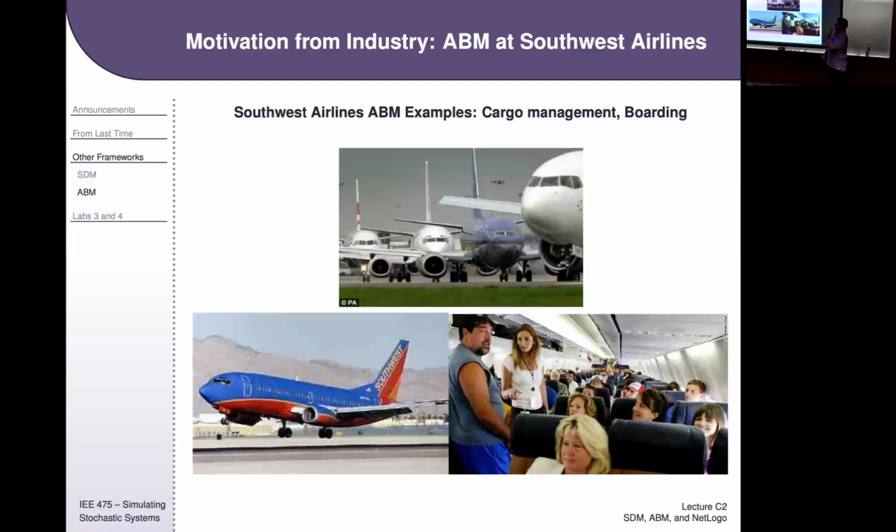Other examples of ABM: Southwest Airlines was one of the first to use ABM to talk about airport operations. We've talked about optimizing seating order, but there are other things like cargo management. A lot of people don't realize it, but when you get on a commercial airline flying from point A to point B, there's a lot of cargo space that is not luggage.